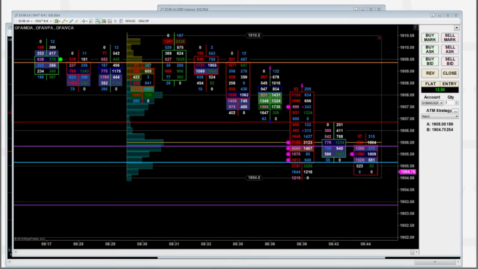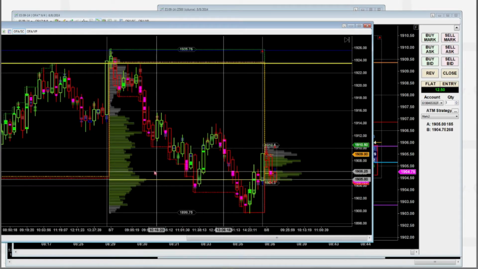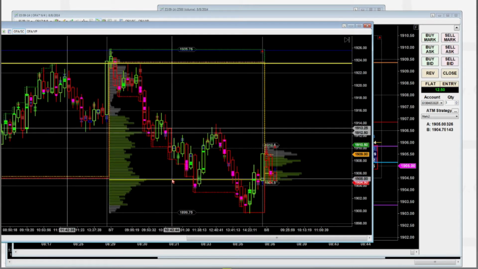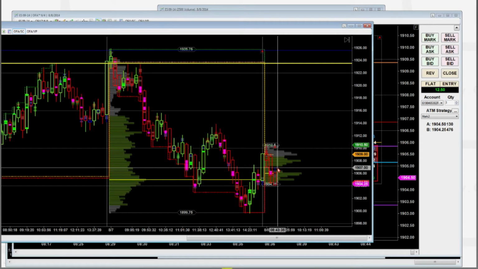So what I did is I created this. Here's yesterday's profile, and I'm looking at VPOC at 1905. You can see the low volume area from today at 1907.675, which is what we expect.